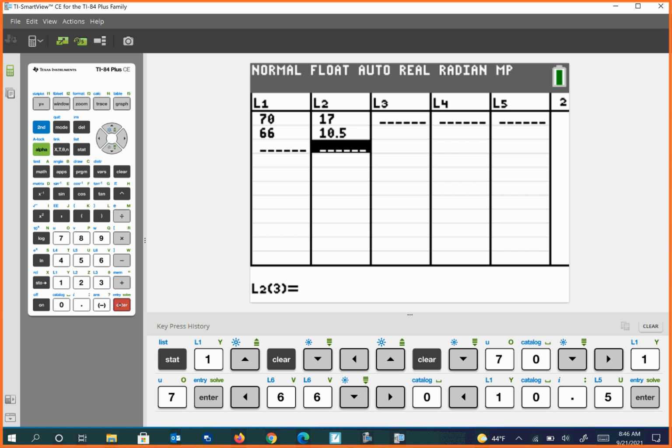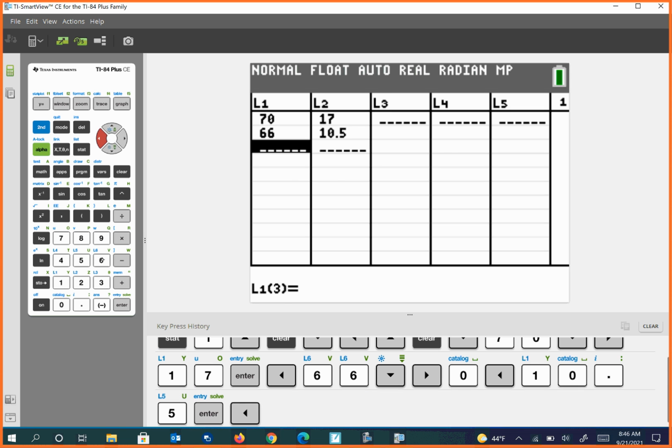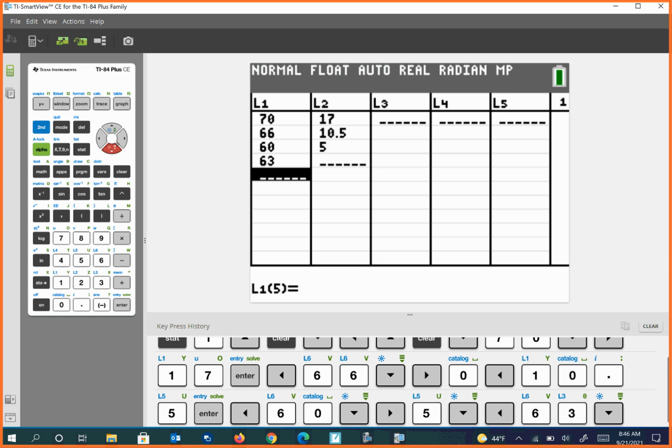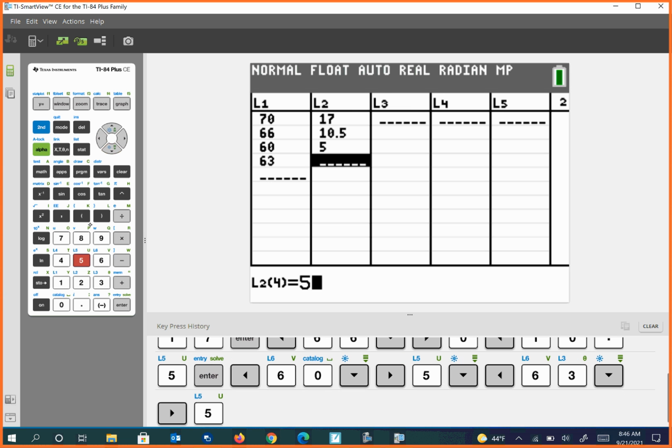I wear a 7. A size 7 in girls is a size 5 in boys, right? Yep. Little feet, it's okay. Patriarchy. Women's shoes are 2 sizes smaller than a guy's. Go ahead. 63 inches. Size 7, so it's a size 5. Yep. Okay.